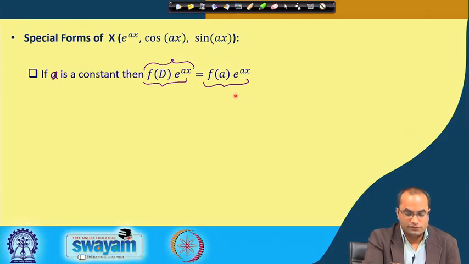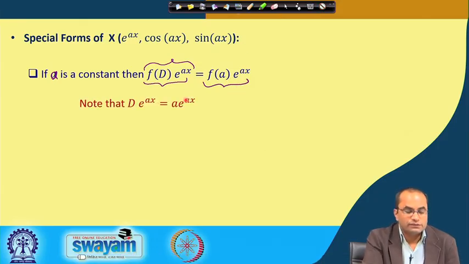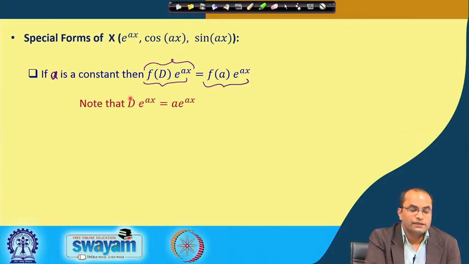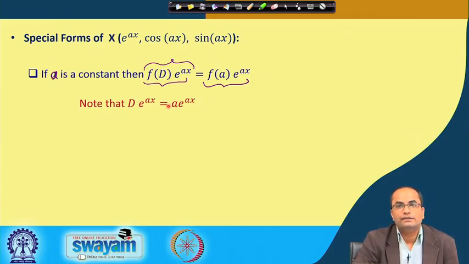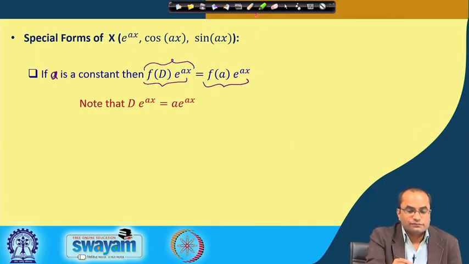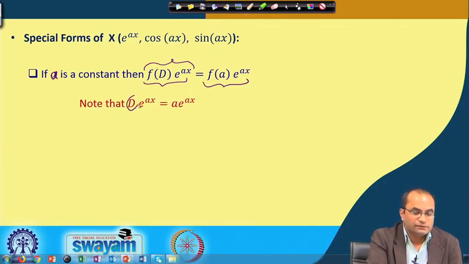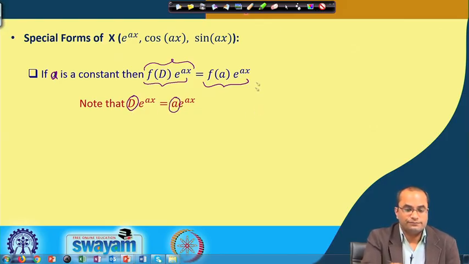So, this we will see first, which is very simple to realize, because when we operate D on e power ax, what are we getting? D means the derivative, which is nothing but e power ax multiplied by a. So, what we realize here is that D is replaced by a.